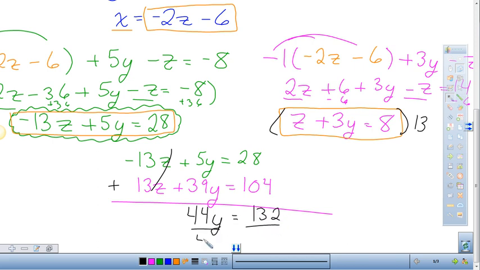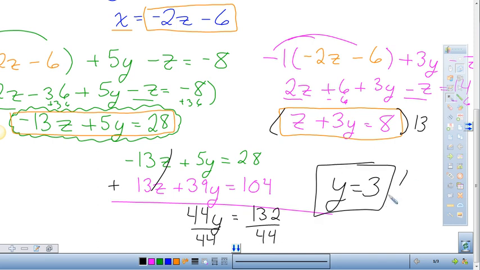And when you divide here, you finally get one of your answers. And then everything falls into place. You should get that y equals 3. That is like the big kahuna. There's one of your pieces. Then, since you know what y is, you can substitute it in to either this guy or this guy. Since there's no coefficient of z, this one will be a little bit less work.